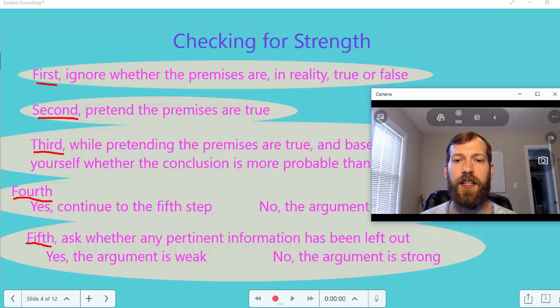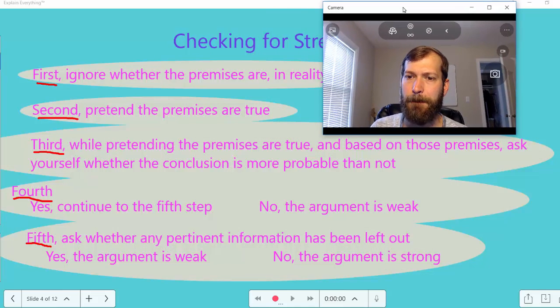So while we're pretending that the premises are true, then we want to ask ourselves, based on the information that those premises contain, is the conclusion more probable than not? So as a result of pretending that those premises are true, would that make the conclusion more likely to be true than false? And notice, what you're not worried about is whether the conclusion in isolation from the premises is probable or improbable.